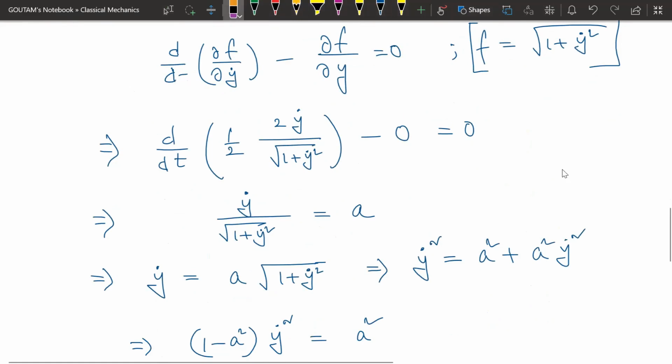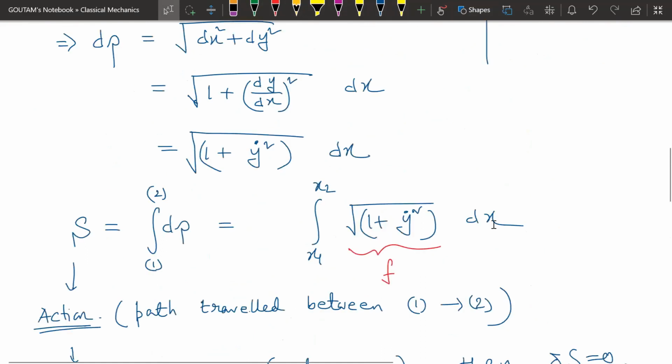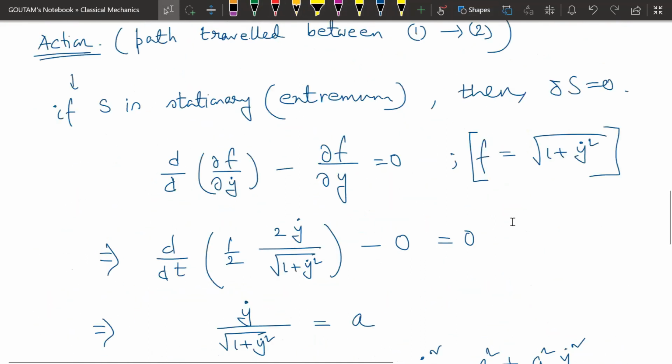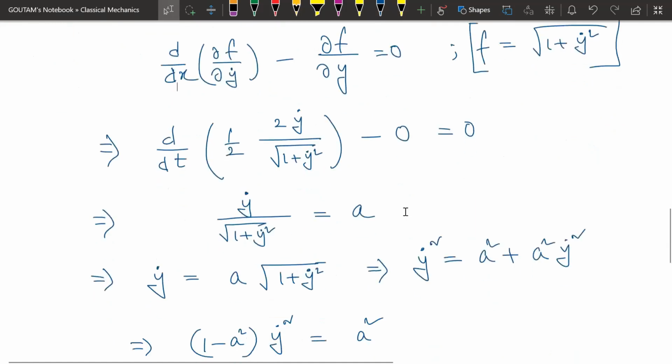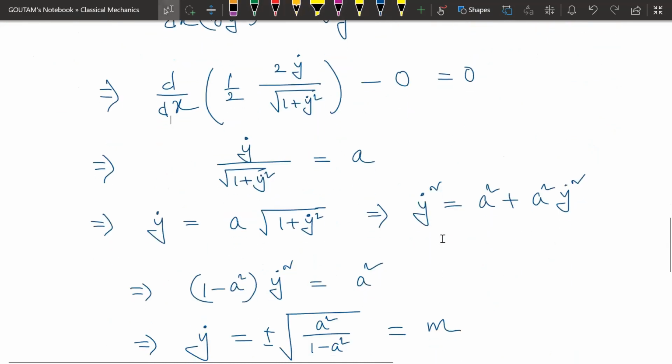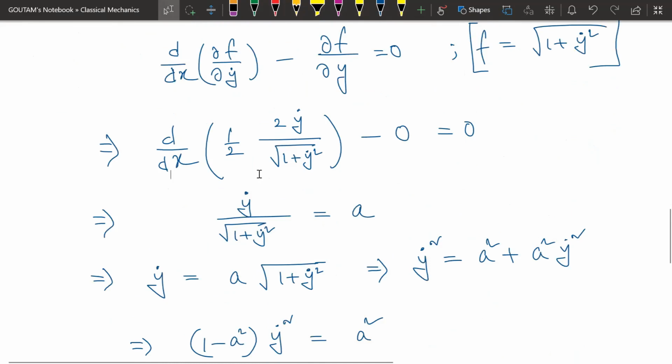There's a big mistake here. Here the independent variable is x, so here t is x. So d/dx of ẏ means dy/dx. It's not dy/dt. Okay, it's a serious mistake. Apart from that, it's correct, I think.